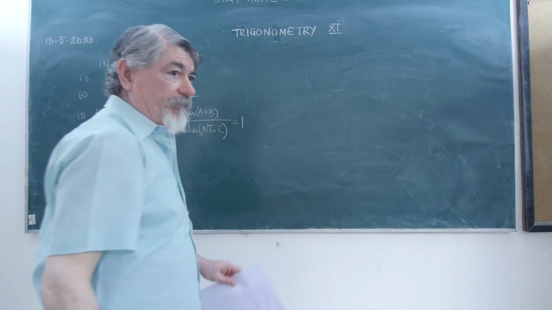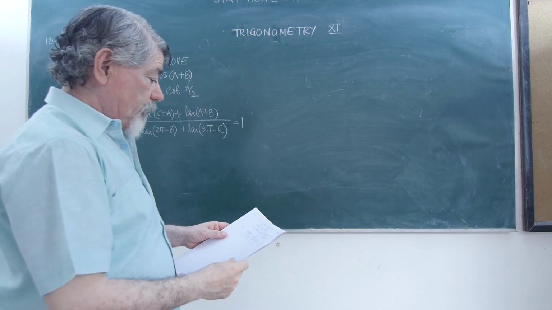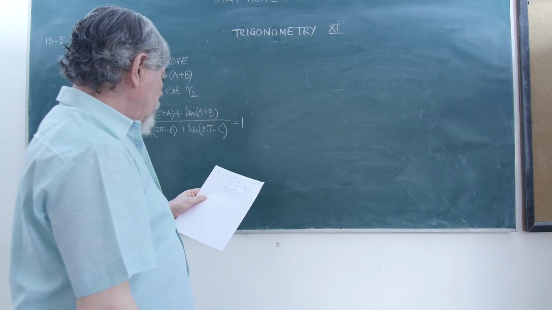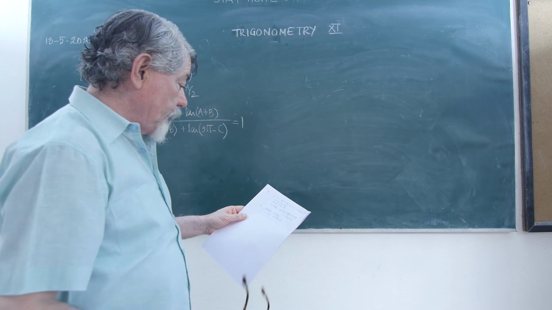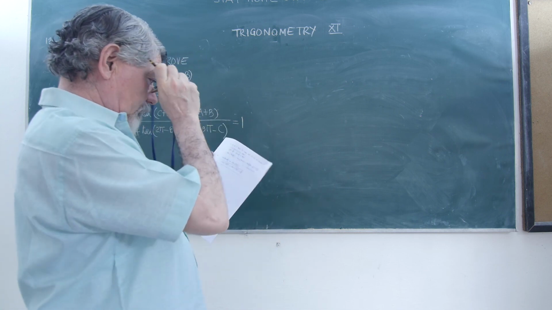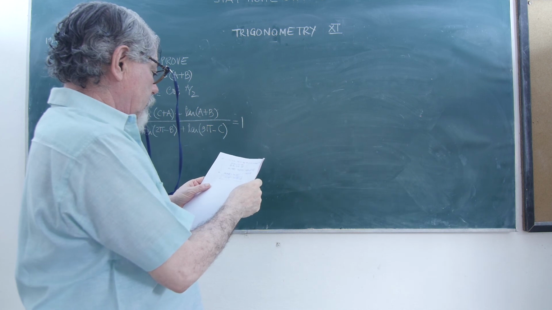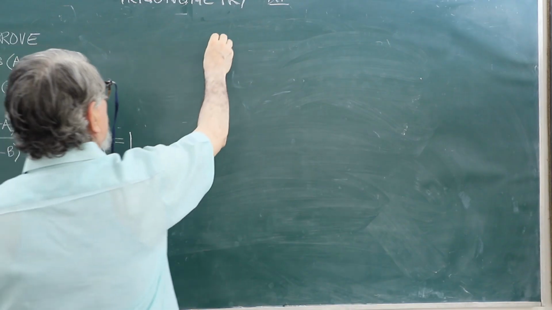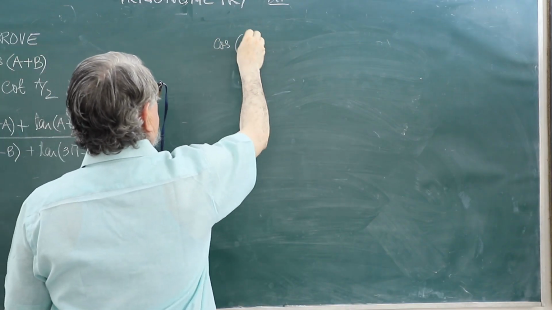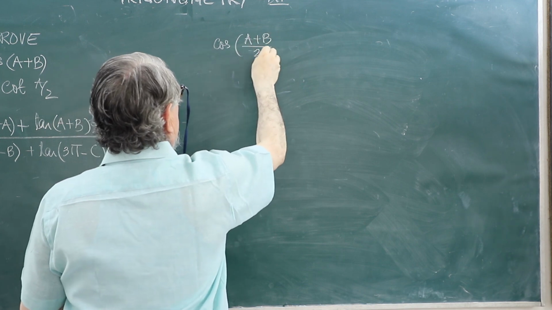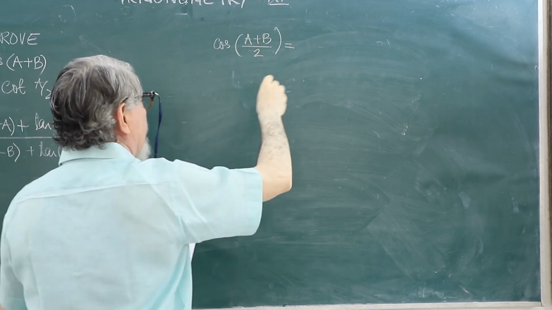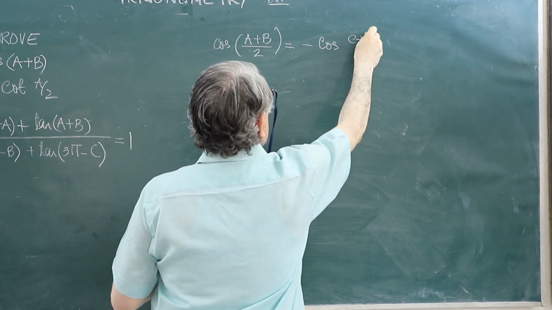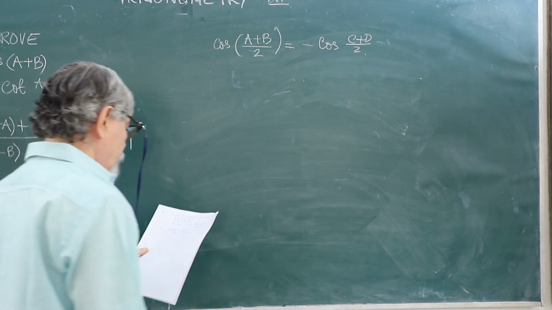Now he says if ABCD is a quadrilateral, then he wants us to prove cos((A plus B) upon 2) is equal to minus cos((C plus D) upon 2). He wants us to prove this.